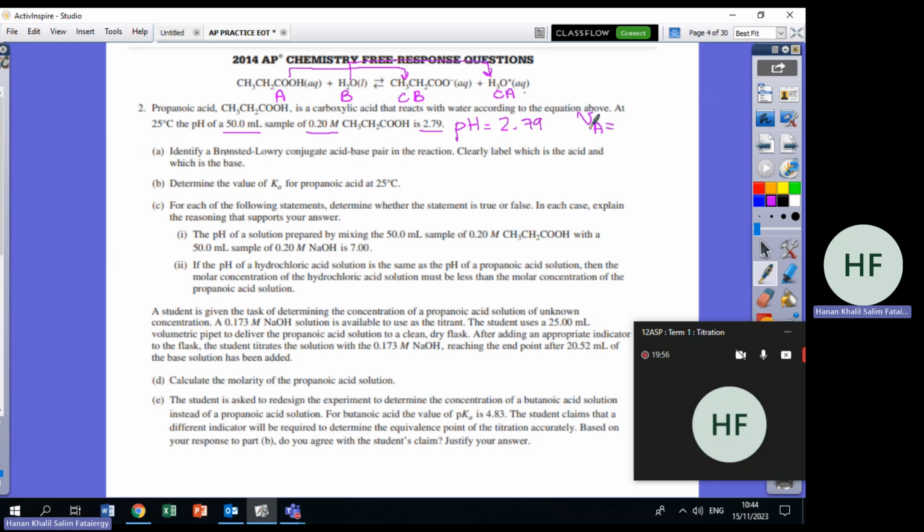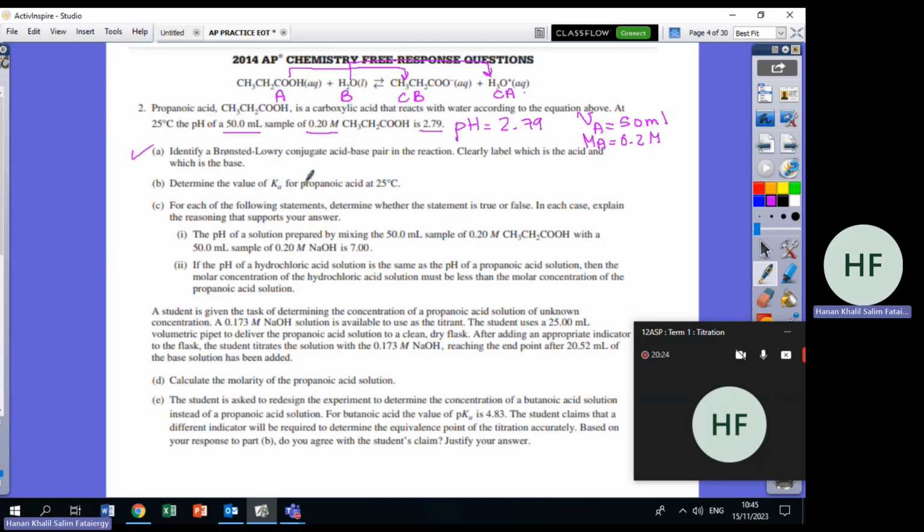I advise you whenever you write volume or molarity, don't write just M, write A or B. If it is acid, write A. If it is for base, write B. Now the volume is 50 milliliters and the molarity is 0.2 molar. Question 1: identify Bronsted-Lowry conjugate acid-base pairs. We already identified and clearly labeled which is acid, which is base, so this is done.